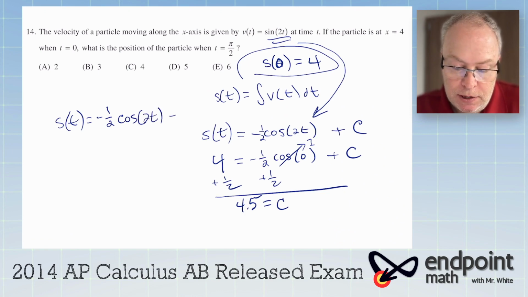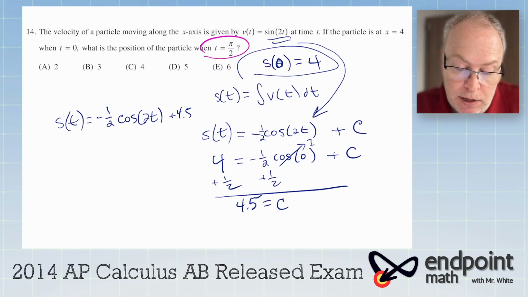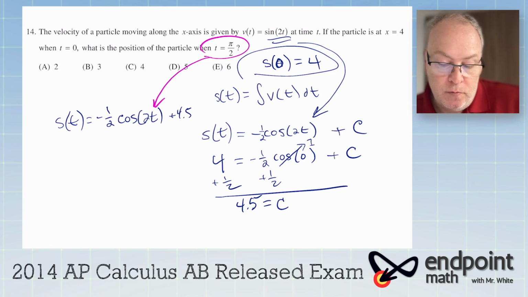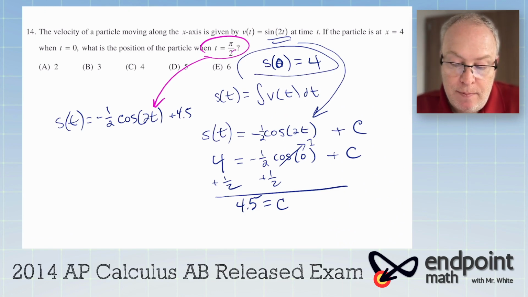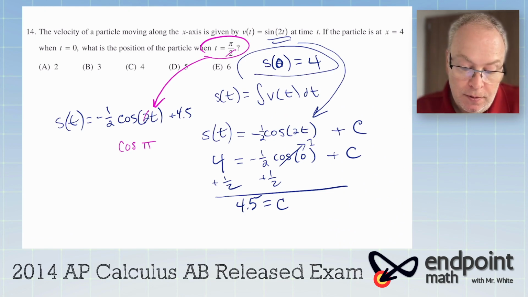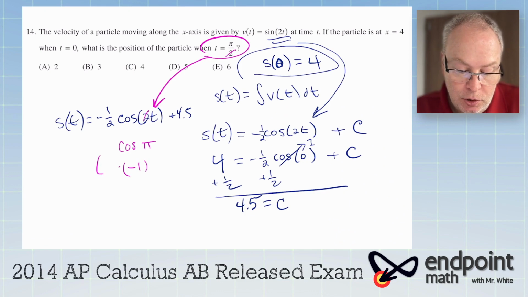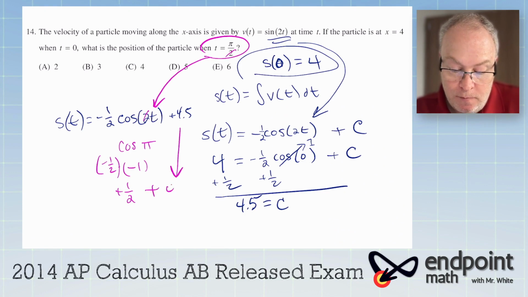2t plus 4.5. All right, so what does the question ask you to do at this point? Plug pi over 2 in there. So what happens is the 2 cancels with the 2, and you're left with cosine of pi, which is what? That is -1 times your -1/2, which is actually +1/2, plus the 4.5 here is 5.